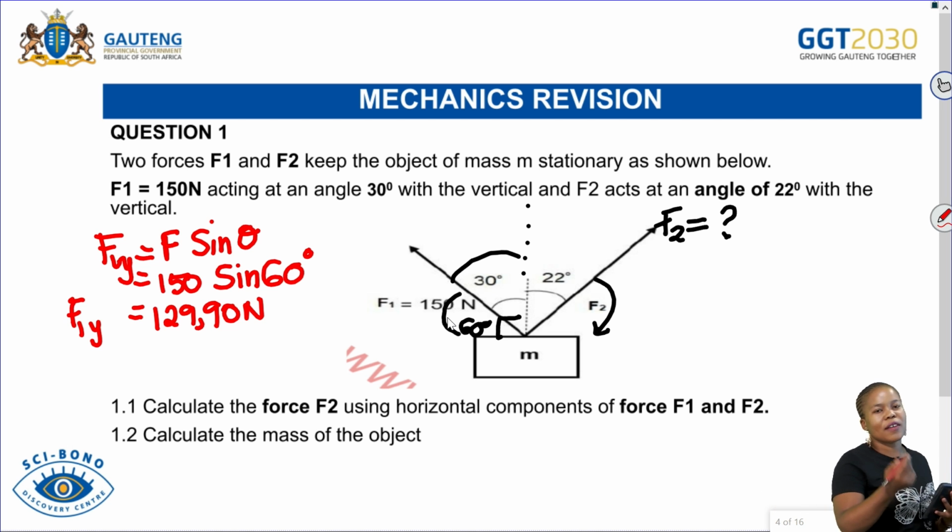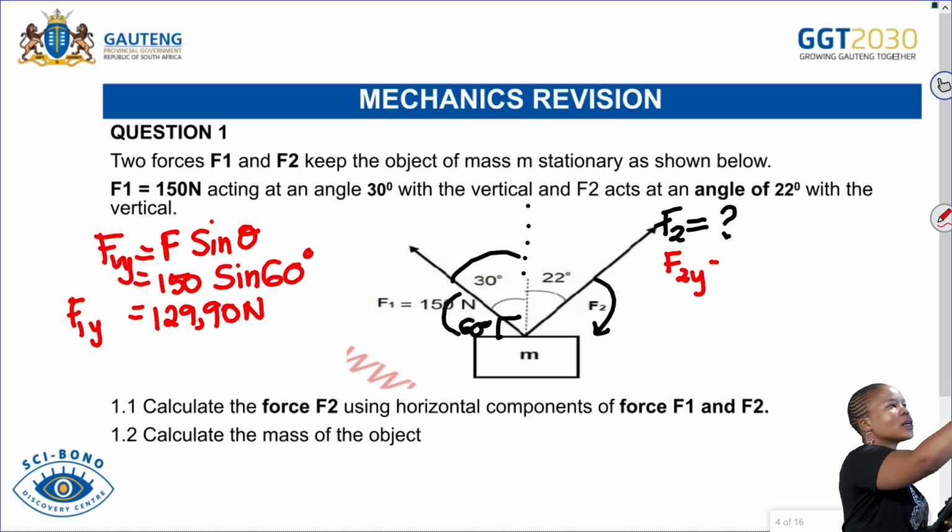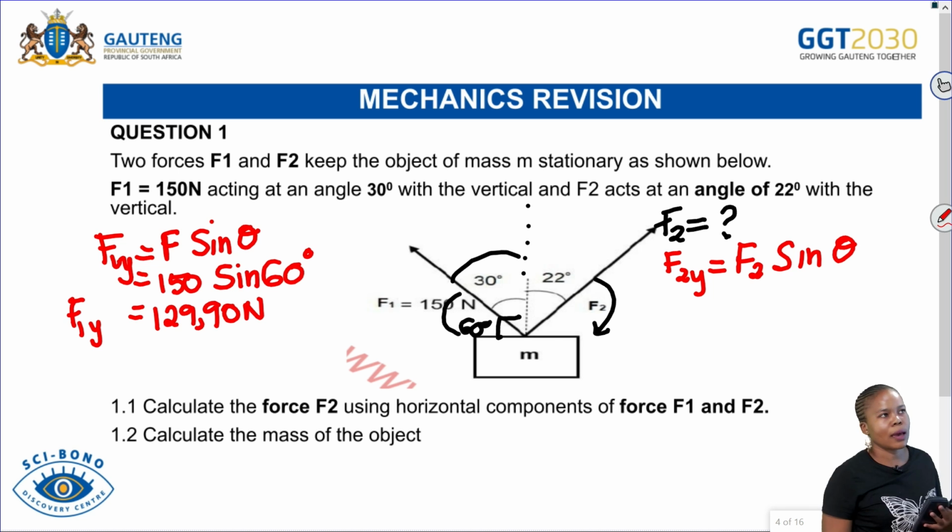And then I go to F2 as well. I did the same thing. For F2y, it is equal to F2 sine of theta. Now, what is my F2?